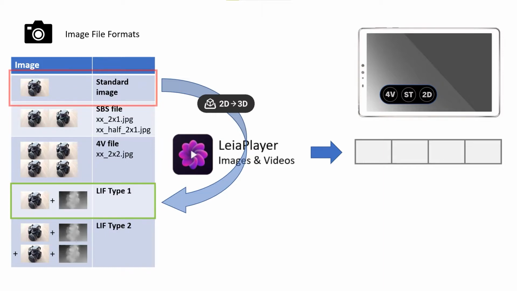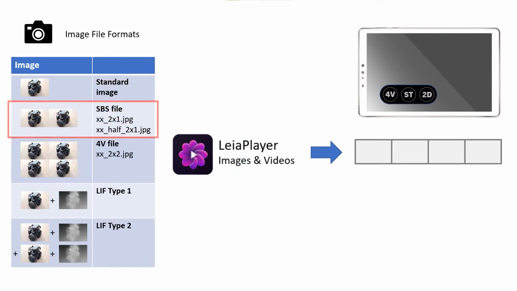And there's two types, and I've distinguished them by naming them type 1 or type 2 here for purposes of this presentation. And it generates a Leia image file that contains the base image as well as a depth map. And with that, you will be able to also view that in the 4-view mode. We'll be looking at those image types a little bit later when we get to them. But just so that you are aware, you can convert your 2D images to 3D.